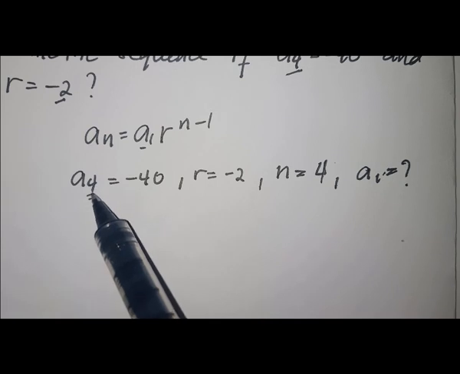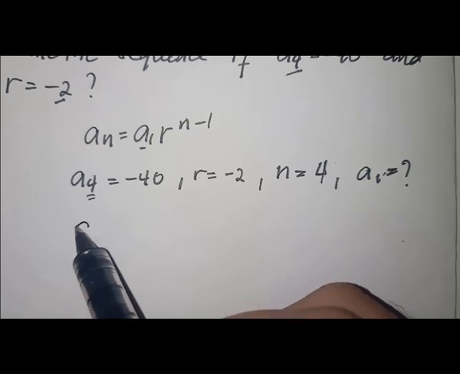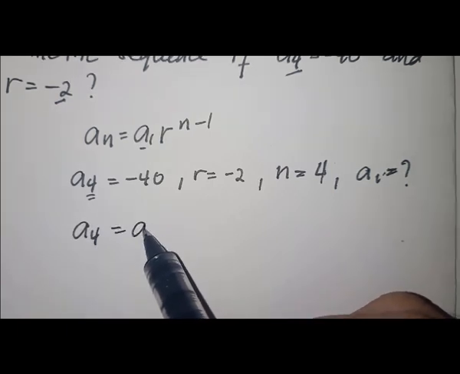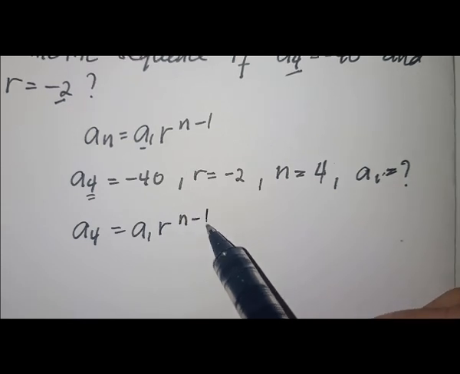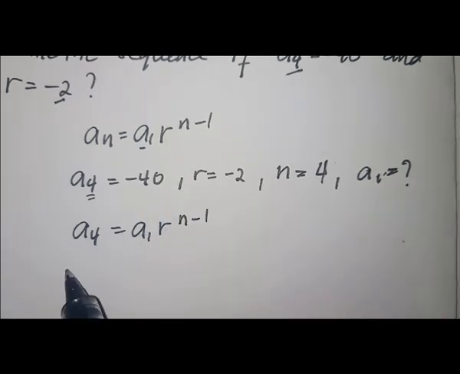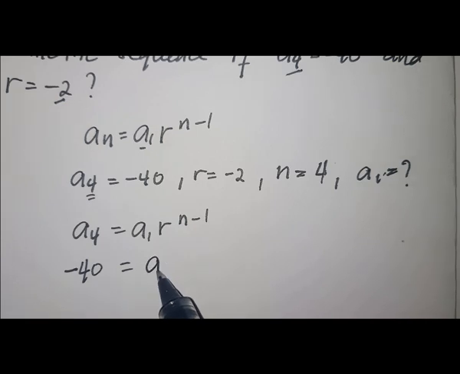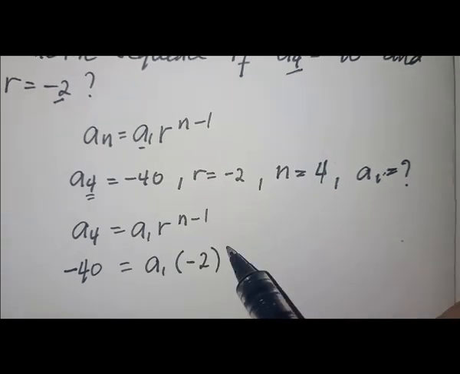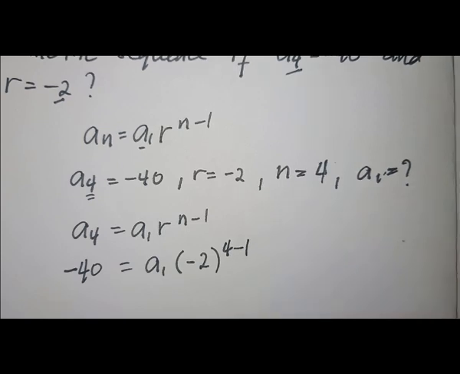Okay? So again, using the formula, substitute natin yung mga corresponding value na meron tayo. For a sub n, which is the last term a sub 4, you have negative 40. Pero bago yan, sulat natin yung magiging equation natin. A sub 4 is equal to a sub 1 times r raised to n minus 1. Yung a sub 4 natin ay negative 40 equals, wala tayong first term, still this is unknown, pero meron tayong common ratio which is negative 2. Then n natin ay 4 minus 1.